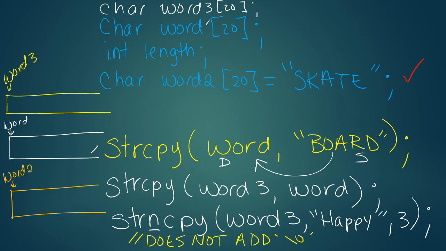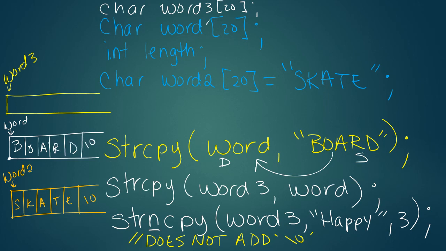Now word2 has the letters S, K, A, T, E, null character. Okay, now I'm going to string copy into word the letters B-O-A-R-D. So this is my character array word. Remember that string copy always starts at the beginning. It doesn't matter if you have a word in there or you don't have a word in there. It's going to start at the beginning. So I'm going to string copy the word board into my word with the null character.